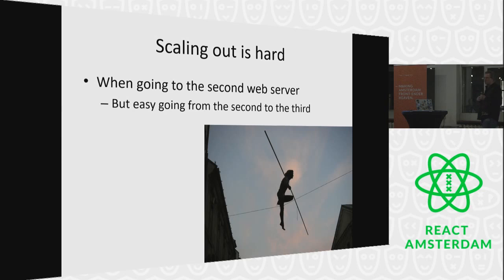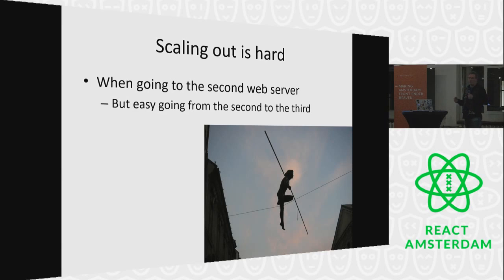Scaling up is typically quite easy to do from a technical standpoint because you've still got one machine and you're adding a stronger, bigger machine, but your whole architecture doesn't change. Scaling out is a little harder. Now you're working with multiple machines. You're going to distribute traffic over different machines, and you can get very different responses from different machines.